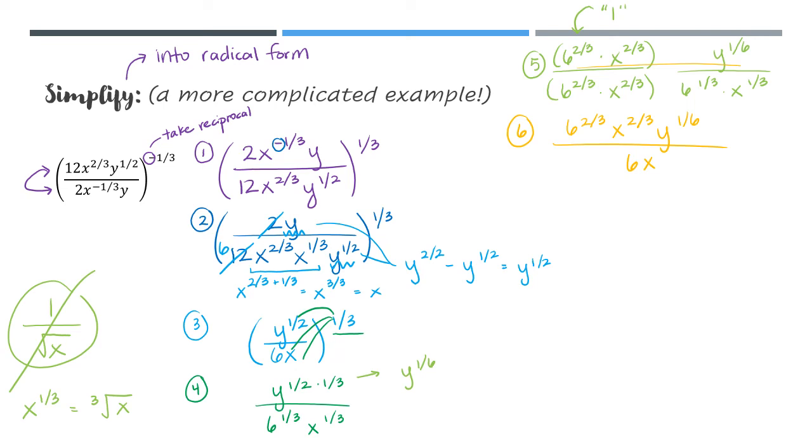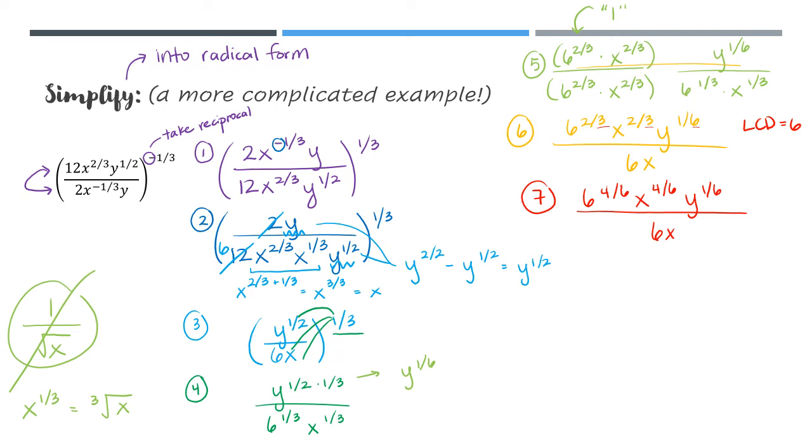And it looks like, because we've got a 3 and a 6, that common denominator is just going to be 6. So let's maybe take a step to rewrite that. We'll have 6 to the 4/6 power, x to the 4/6 power and y still to the 1/6 power. It's still all over 6x.